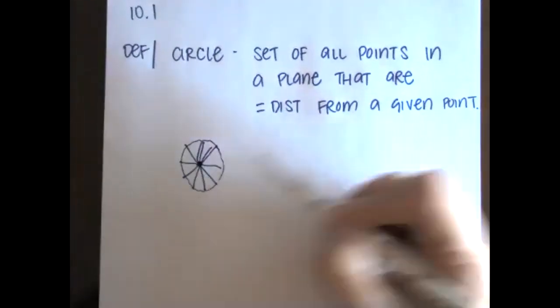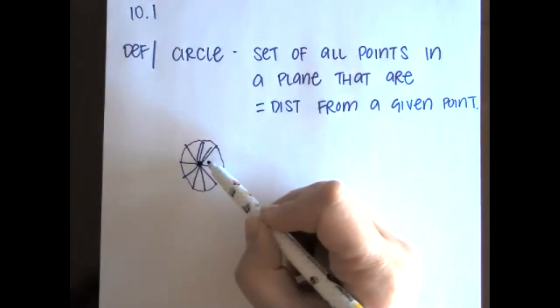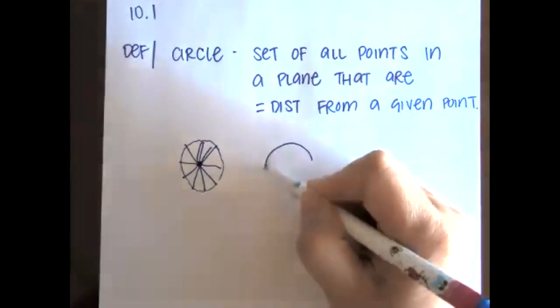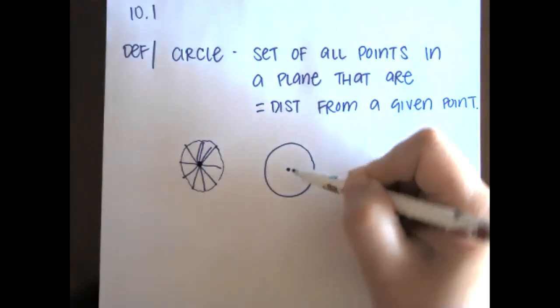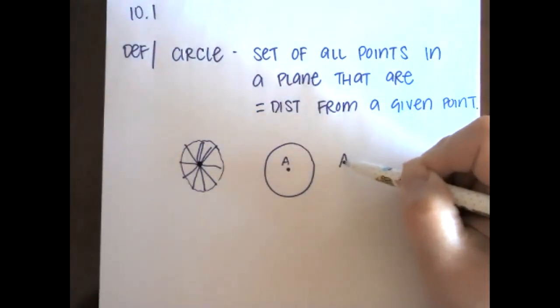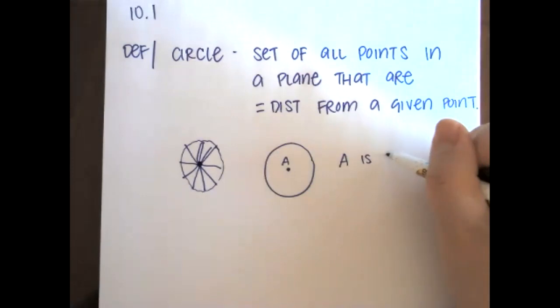Okay, so this given point right here that we're talking about is called the center. So if we label it, A is the center.